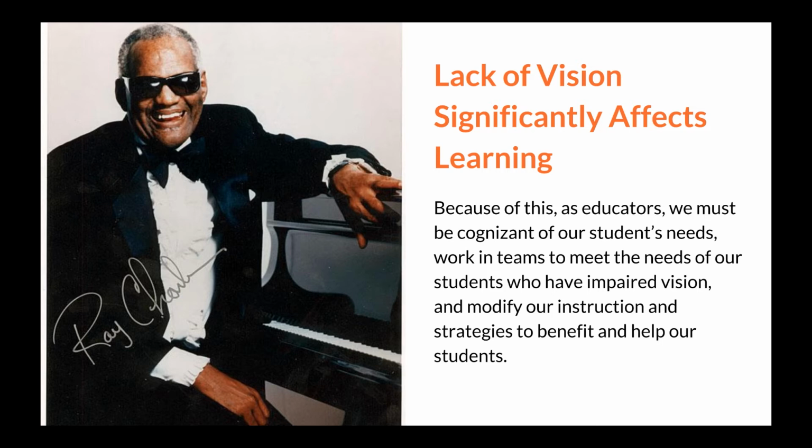The unique educational needs created by a visual impairment may be summarized as follows. Vision loss can result in delayed concept development, which, without effective intervention, severely impacts the student's social, emotional, academic, and vocational development. Students with visual impairments often must learn through alternate mediums using their other senses.